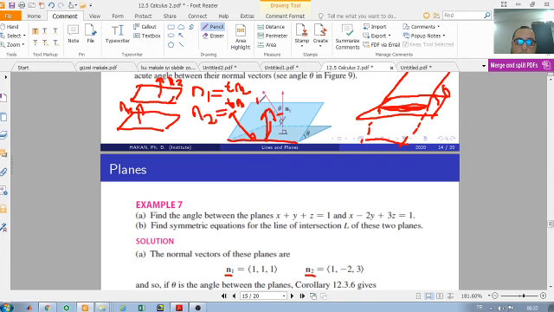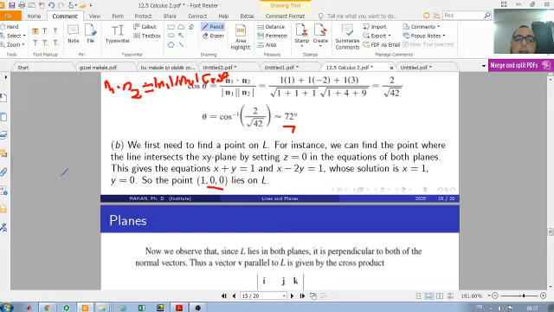We have two normal vectors which are orthogonal to the line, which means if we take the cross product of them, we get a vector which is parallel to the line, which is the intersection of these planes.